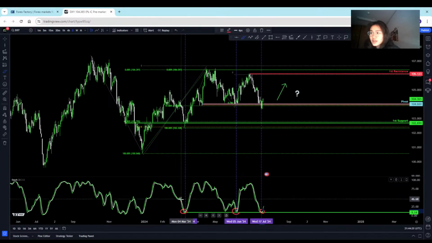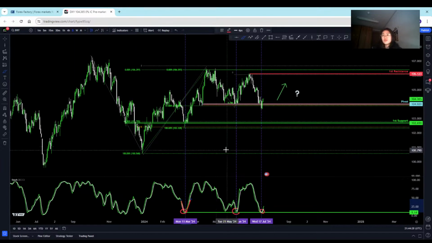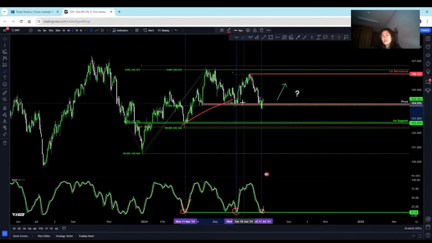Stochastic obviously rebounds off of them, and they're all at the same support level. But on our price level, price actually makes a higher low. This is a slightly lower low, but yeah.